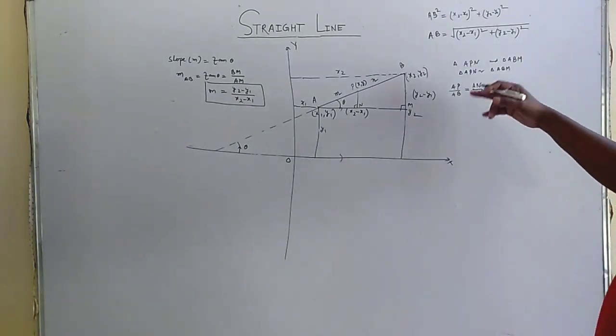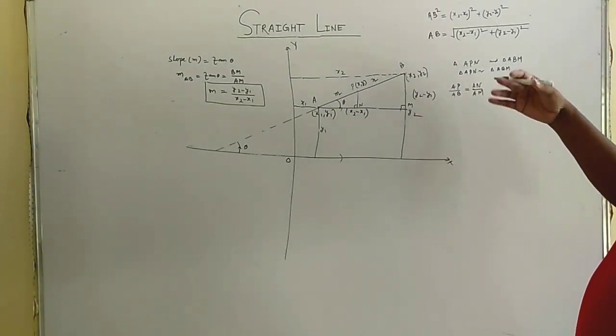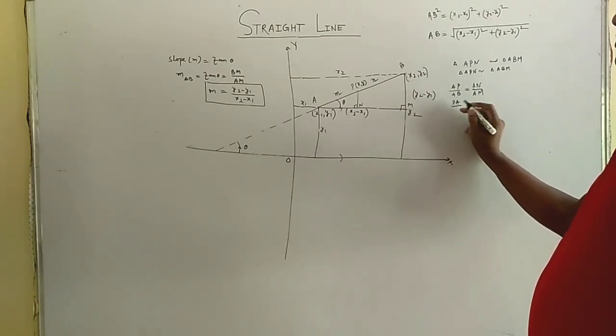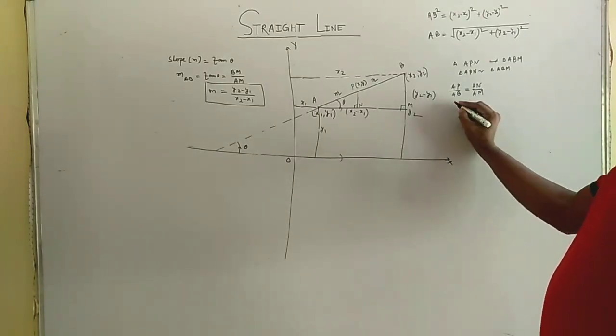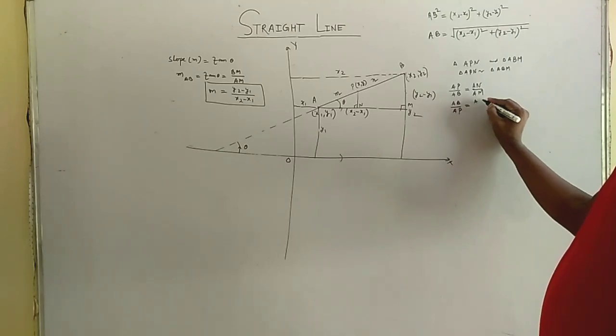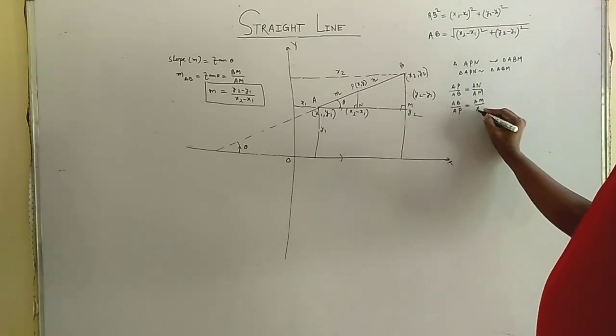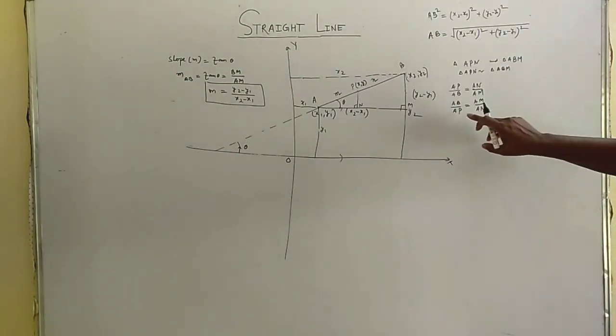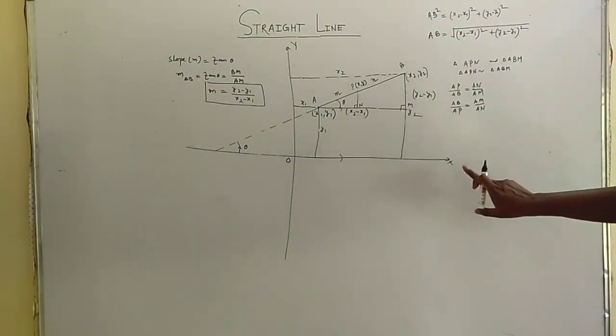Now I just use invertendo, as I reciprocate them. So what I get, since I am inverting, I should have AB over AP is AM over AN. Now I will use the idea of dividendo, where we subtract one from both sides.